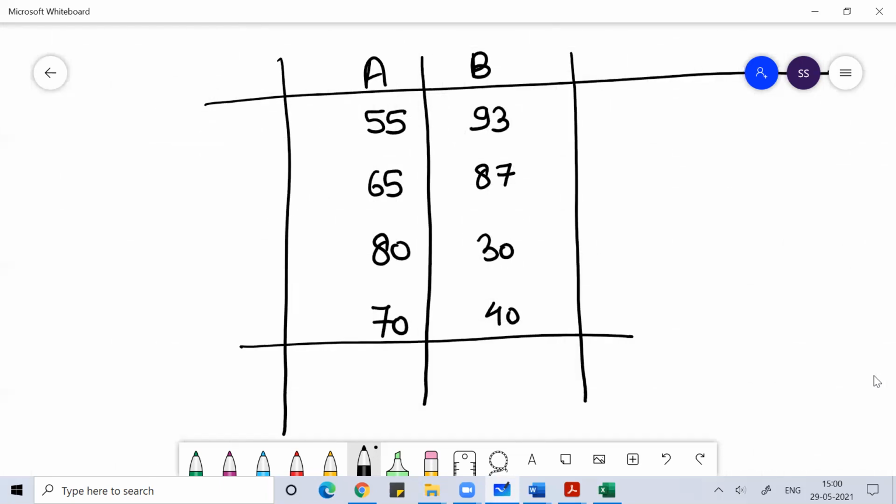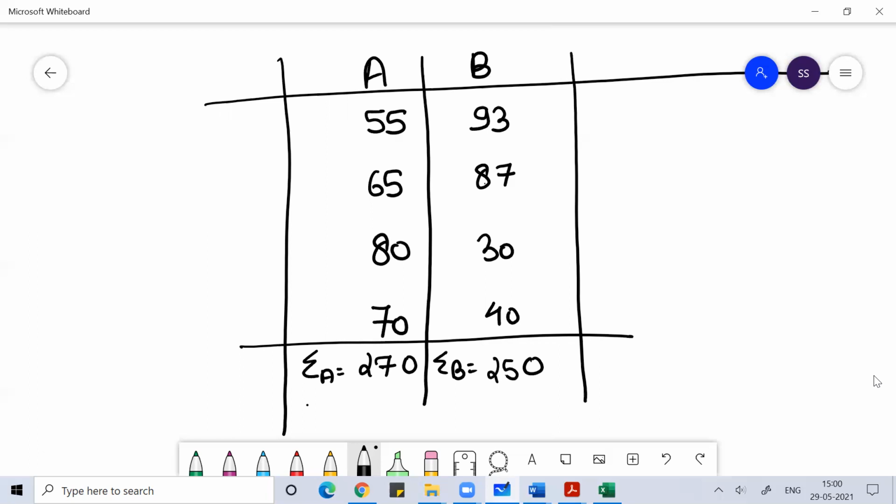The sum of A is 270, and the sum of B is 250.